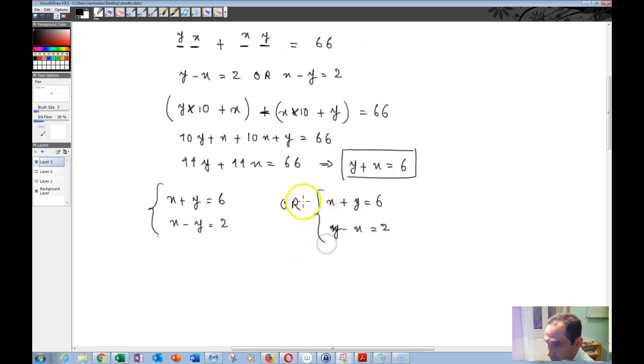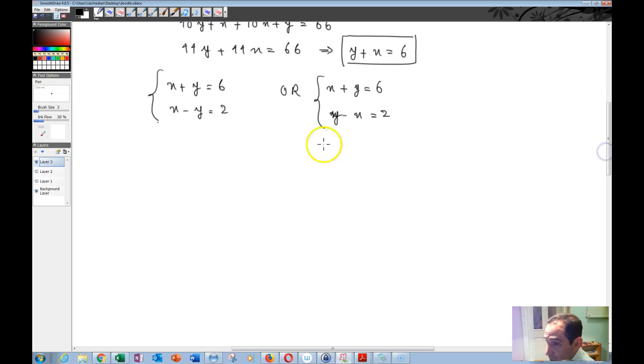So this is the other pair of equations that I get. So now I need to solve these two equations in order to get the answer. Okay.